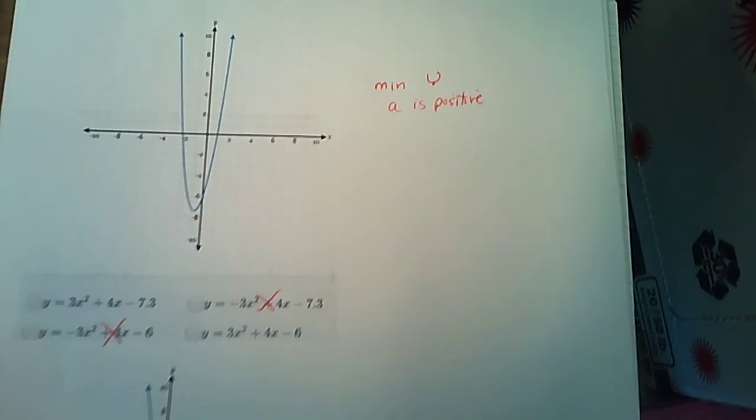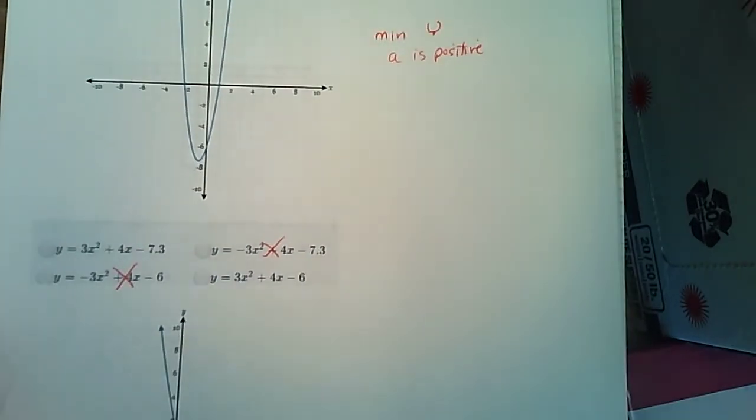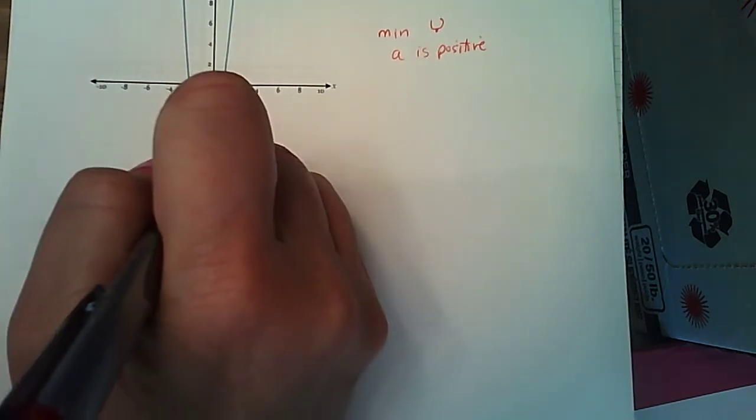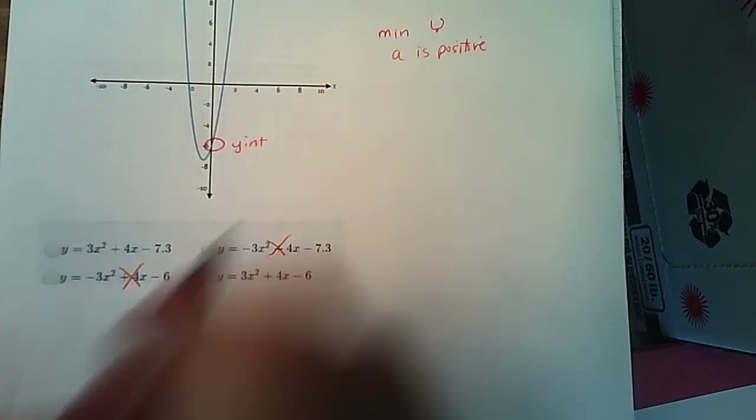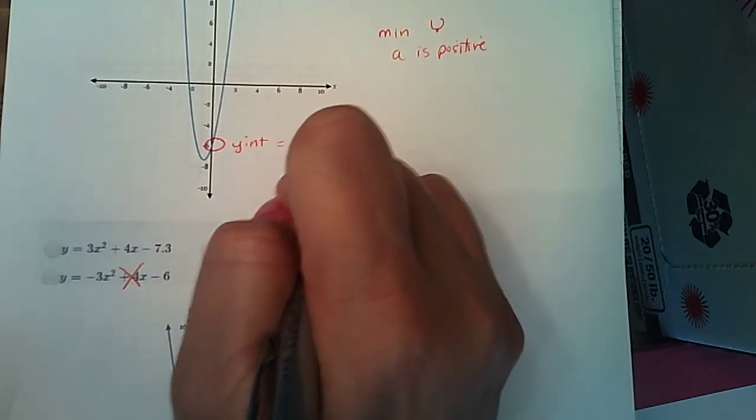Now, there's a couple things we can look at here which makes it easier, and I'll talk about that and then we'll look at it in Desmos. When we're looking here, this y-intercept on my graph where it crosses the y-axis is also my constant in my equation.